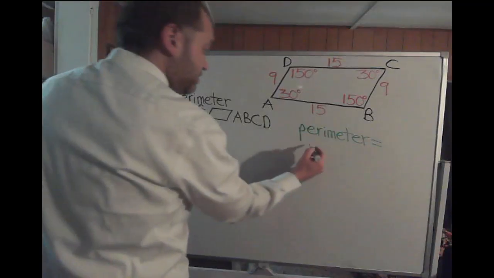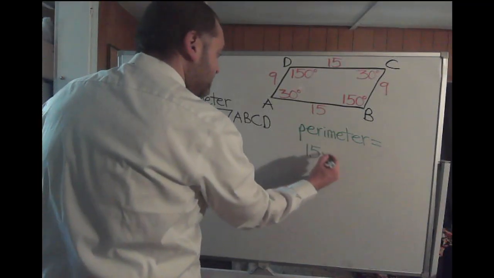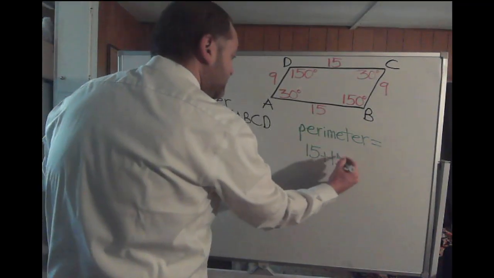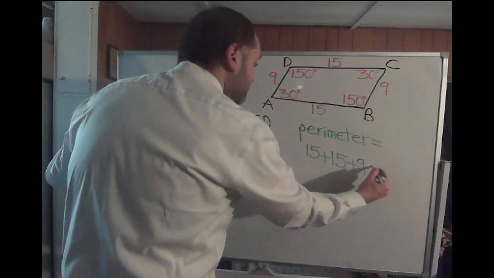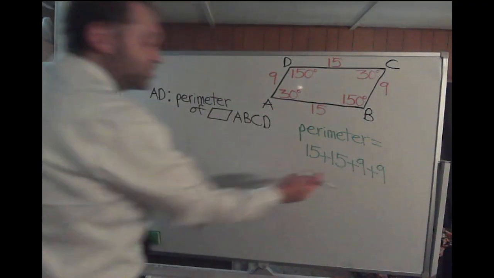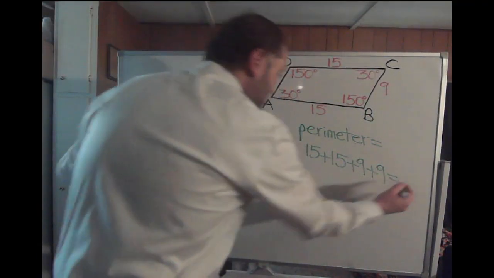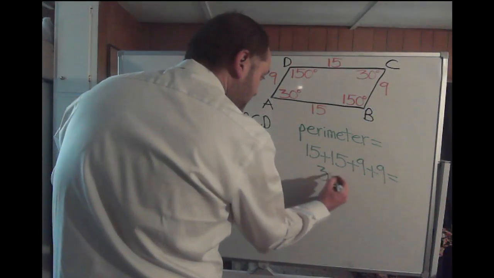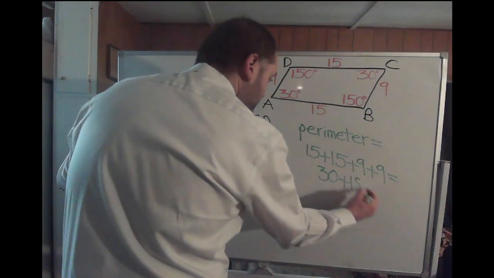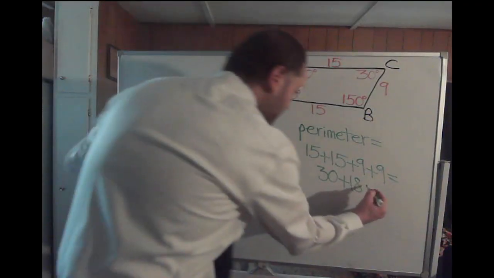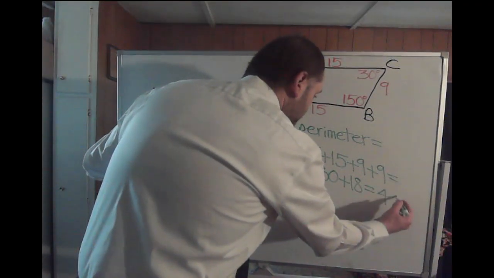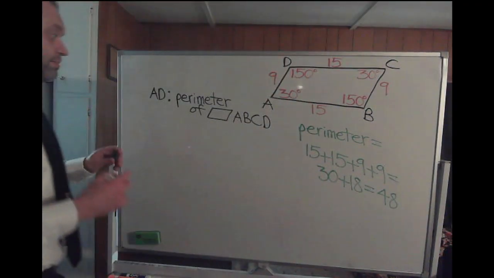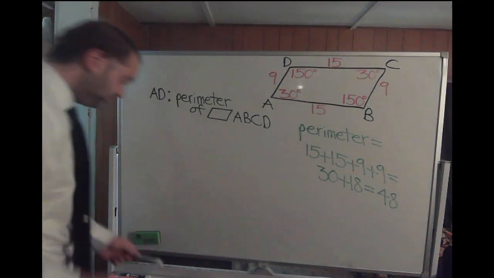That's equal to 15 plus 15 plus 9 plus 9. Right? You're just going to add the four sides together, which means then you would end up getting 30 plus 18, which should really give you 48. So the perimeter of this parallelogram would be 48.